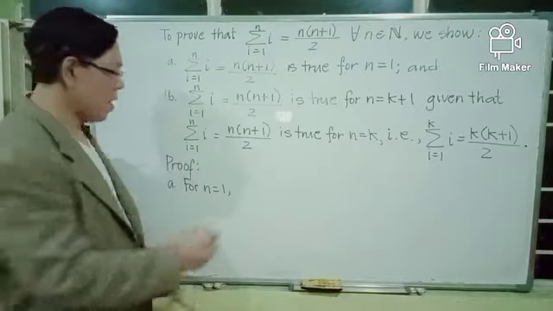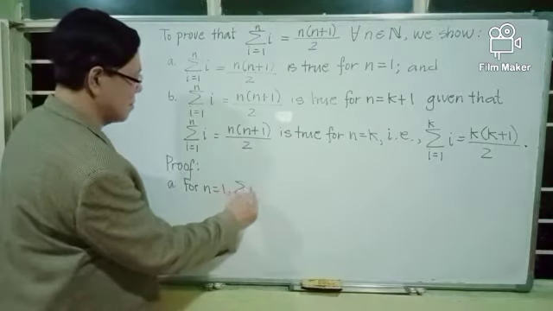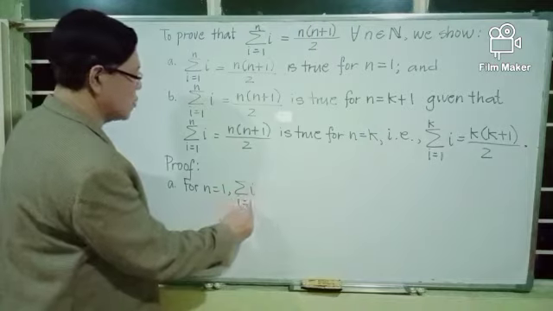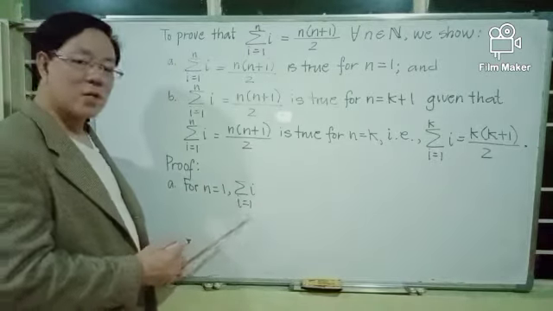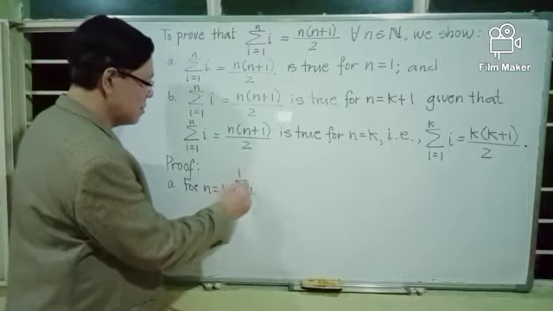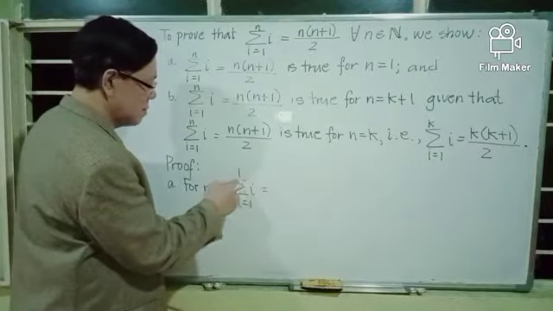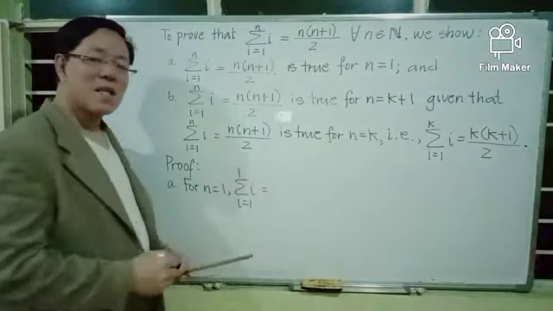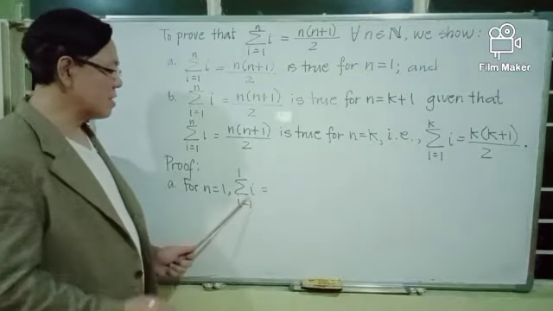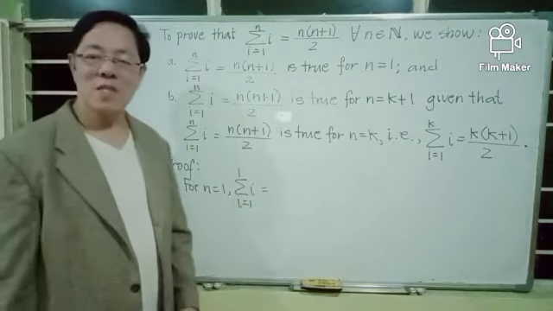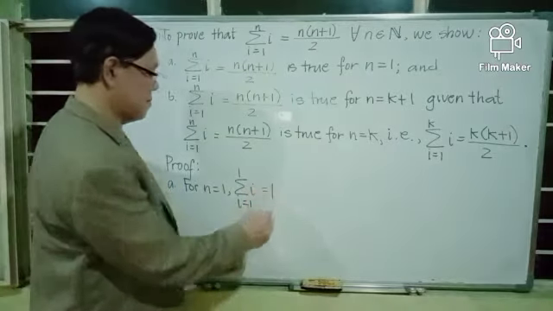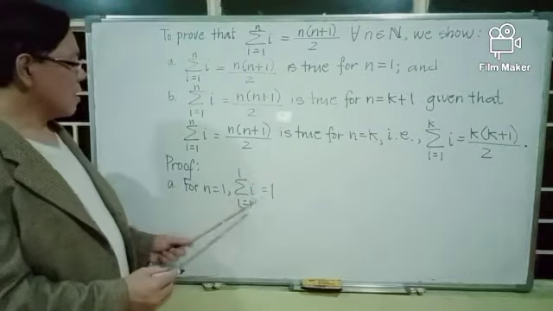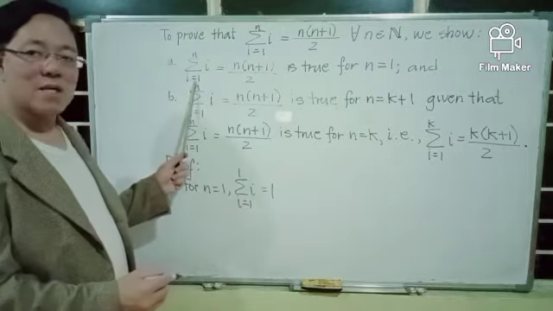We have summation of i, where i is 1 to n, but n is 1. So i is 1 to 1. And this summation of i, where i is 1 to 1, will consist of only one single term, 1. And so the value of the left-hand side is 1.